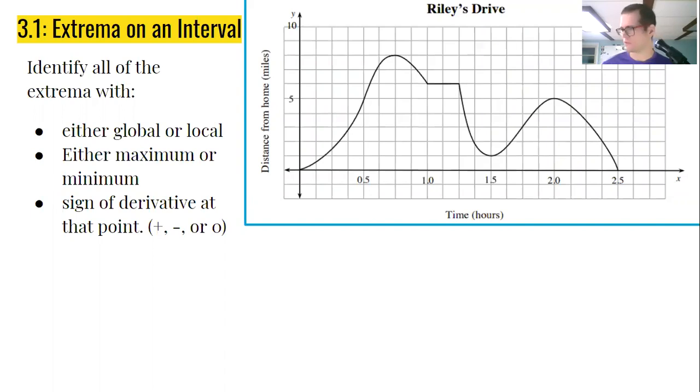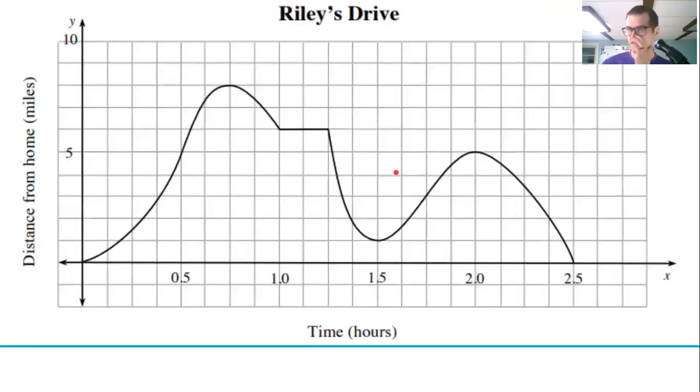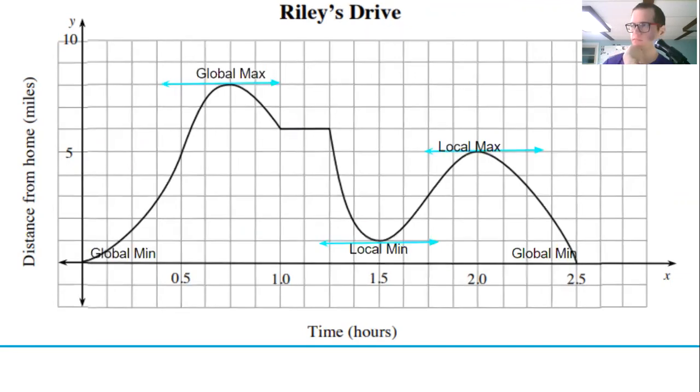All right. Let's take a look and see how you did there, folks. Here's a slightly bigger graph so we can see what's going on. There should have been 5 points you identified: X equals 0, X equals 0.7, X equals 1.5, X equals 2, and X equals 2.5.